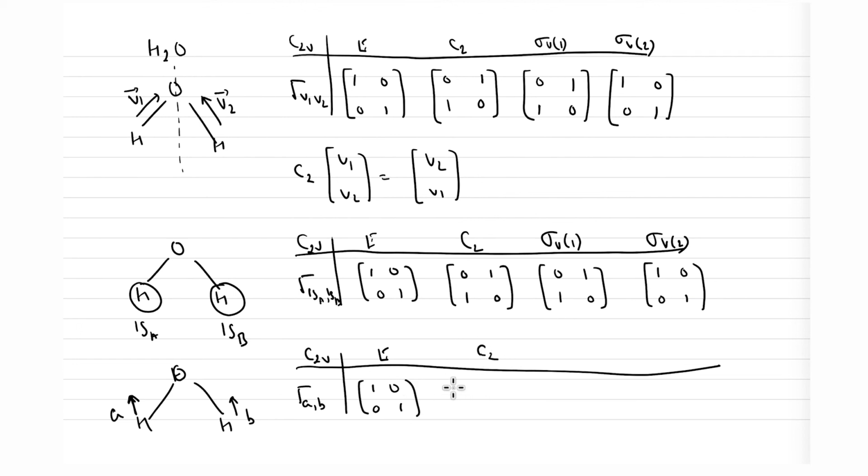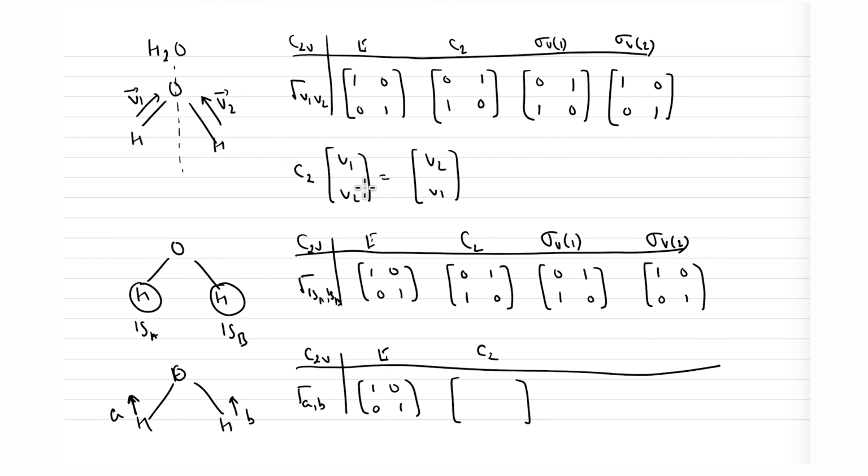Now for C2, what happens? If I'm doing a C2, A will be replaced with B, B will be replaced with A, but in addition to this, their directions will also change. So if I'm doing a C2 rotation, B will come here but with a direction downwards. Similarly, A will come here but with a direction which is downwards.